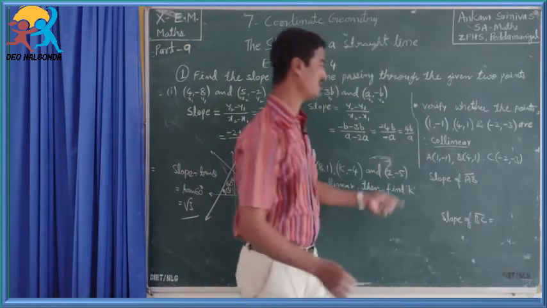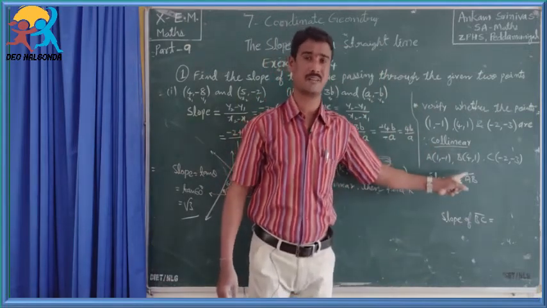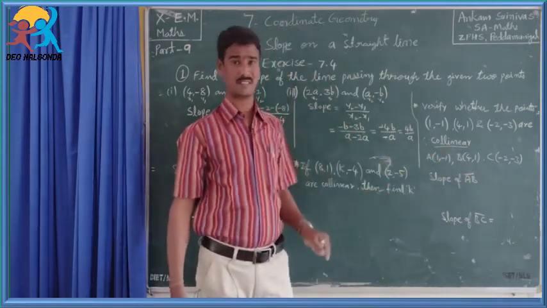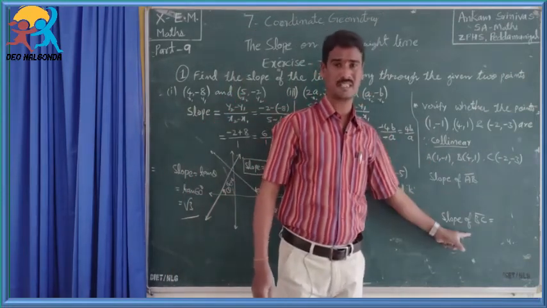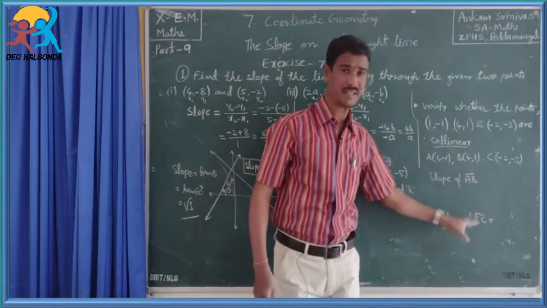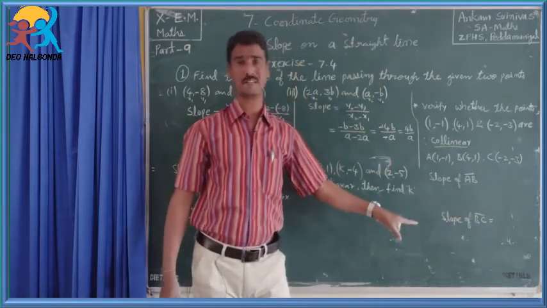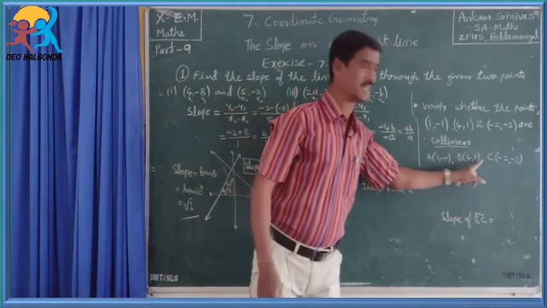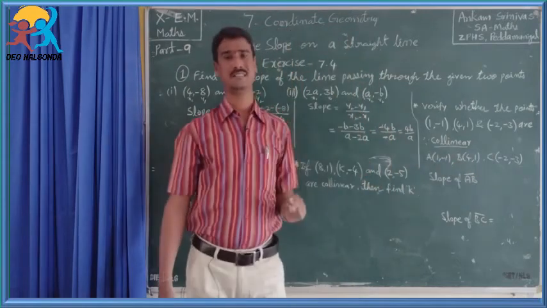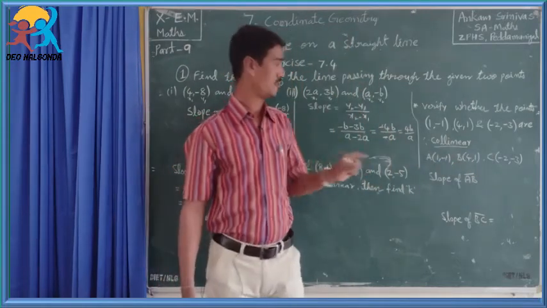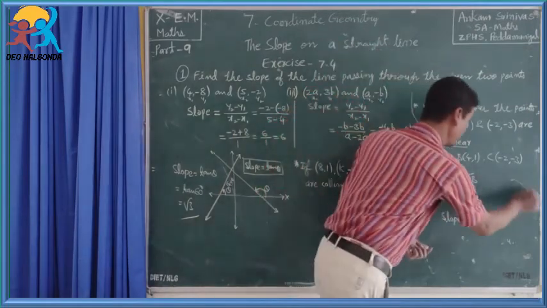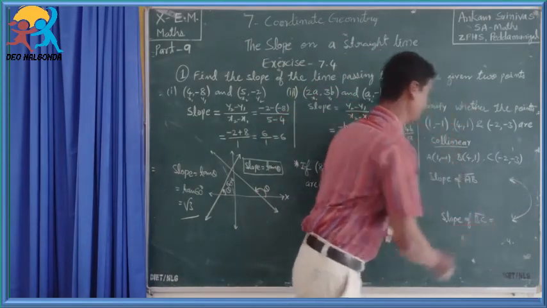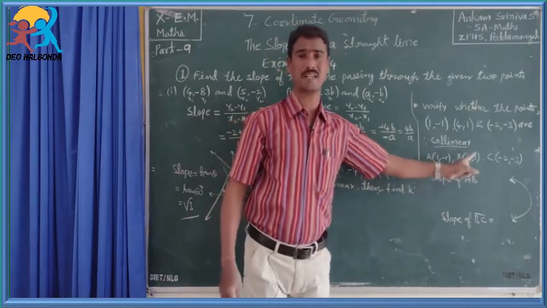Dear children, using the formula y2 minus y1 by x2 minus x1, find the slope of AB and the slope of BC. If the slope of AB equals the slope of BC, the given points are collinear.